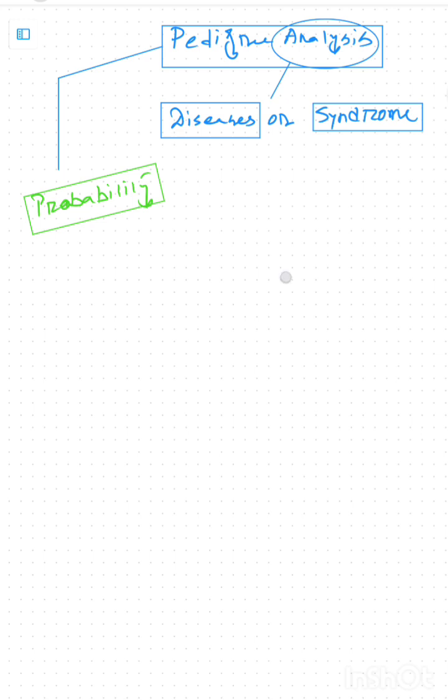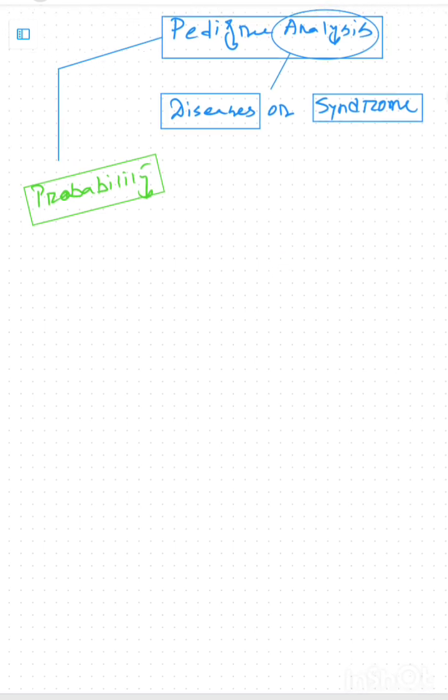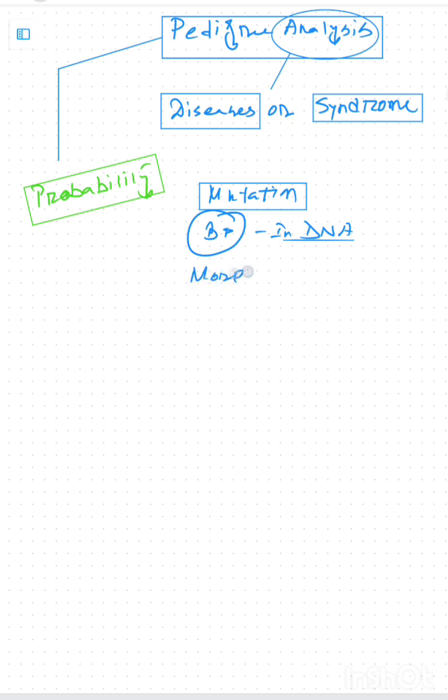Now I think you have finished the topic about mutation, and we know what mutation is: the sudden change in the chromosomes or genes, changes of base pair in DNA, or morphological changes of chromosome.